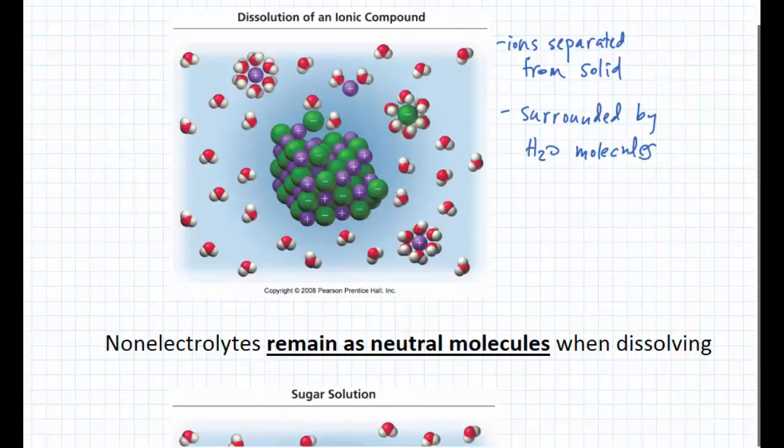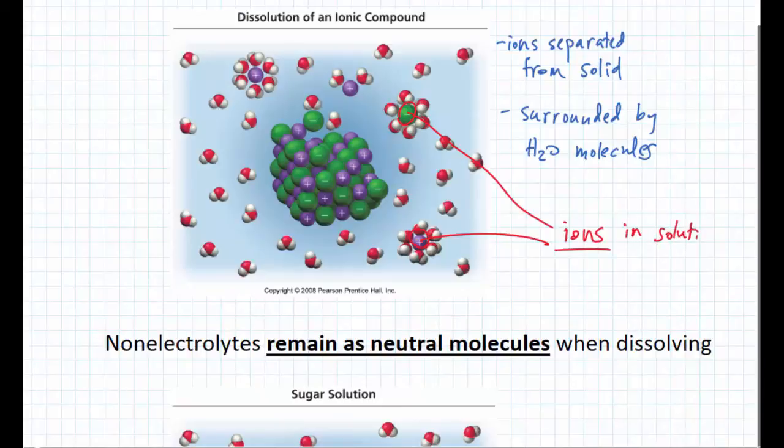And it's these ions, like those, there's a plus ion, there's a minus ion. It's those ions in solution that allow electricity to be conducted.